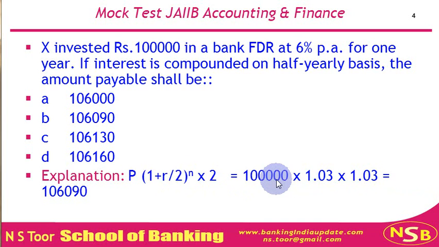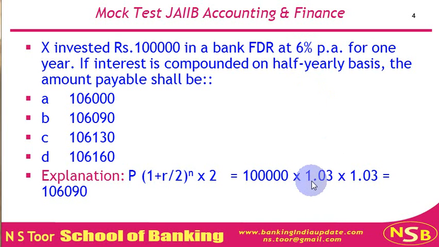So 1 lakh is the principal, the annual rate of interest is 6%, so the half yearly rate will be 3%. When 3% is expressed in decimal, it is 0.03.